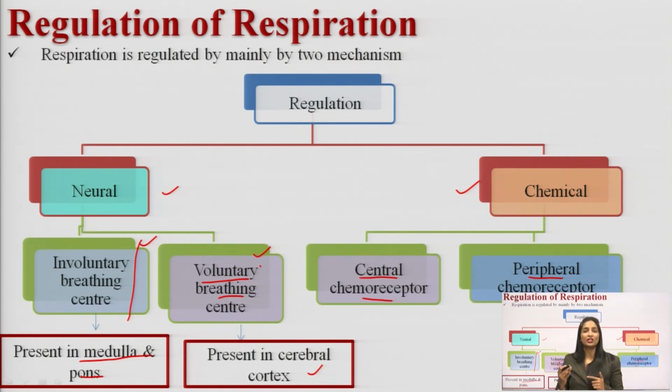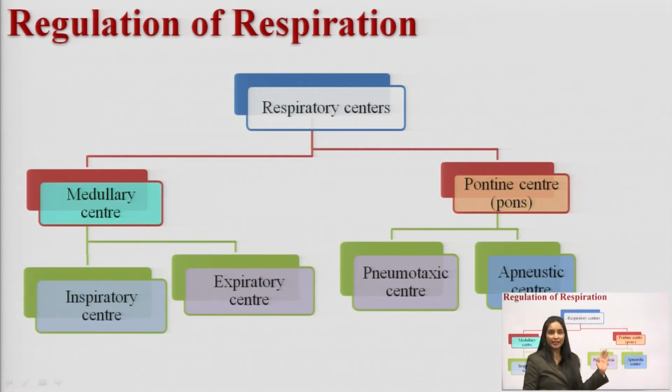Voluntary breathing center is present in the cerebral cortex. Okay. And this chemical regulation has been further classified into two types. One is central chemoreceptor regulation, and the second one is peripheral chemoreceptor regulation. Okay. So, these are the centers.